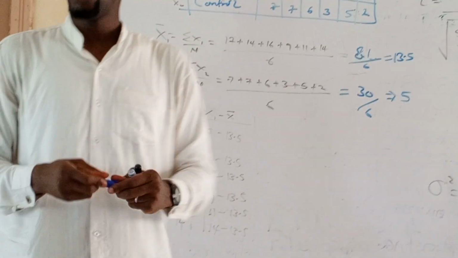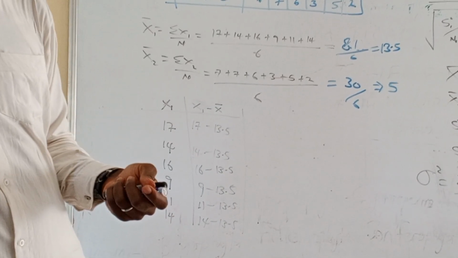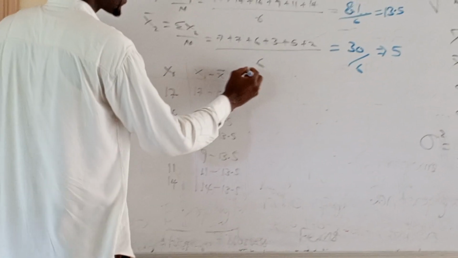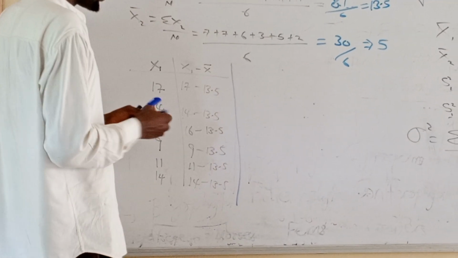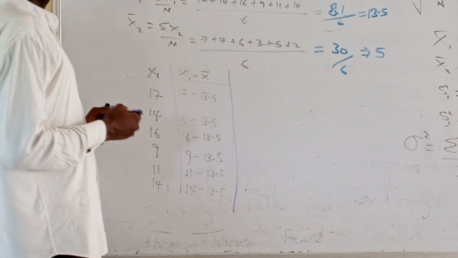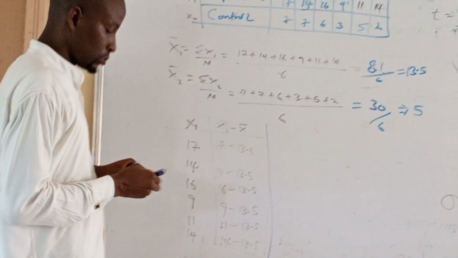We want to see how each of the raw data varies from the mean. For the purpose of clarity, we will take them one after the other, so you can compute that also.